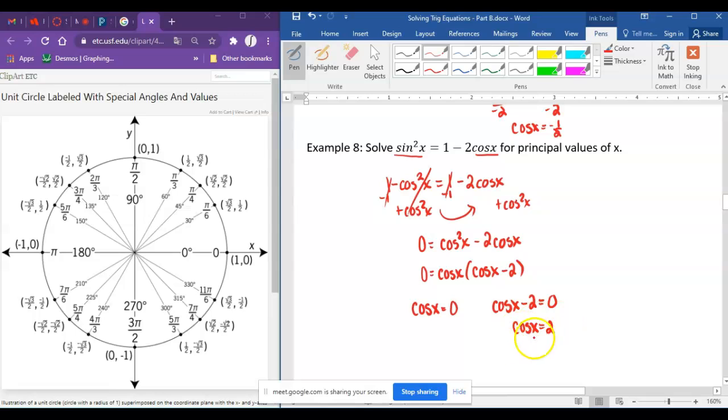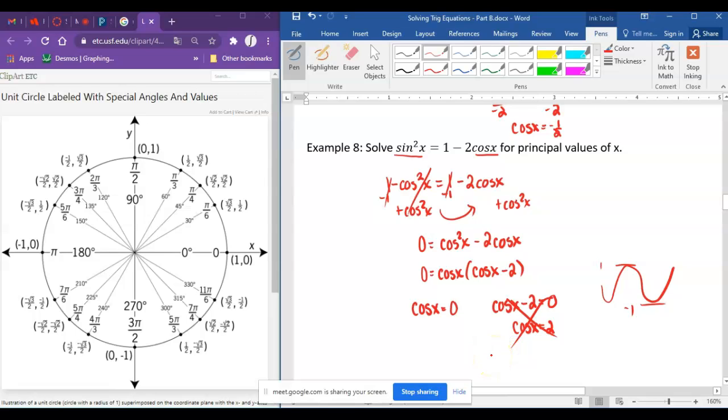Now, if you remember about sine and cosine, they always have to be between 1 and -1. When we were looking at those graphs, our highest point was at 1, our lowest point was at -1. So this never happens. Nowhere on the unit circle do we see a cosine value of 2. So just like on that last problem, this doesn't actually give us any answers.